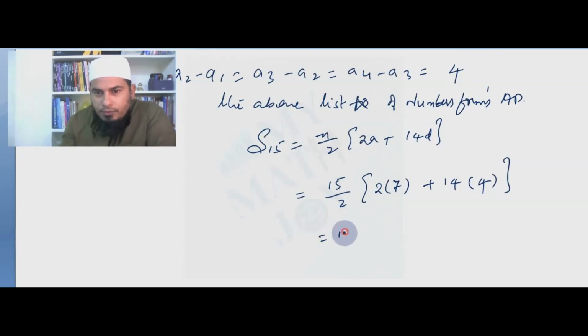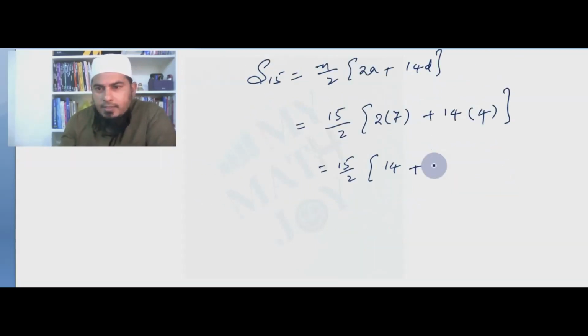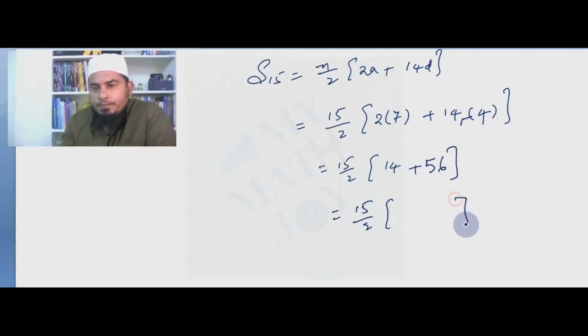So 15 over 2, 7 times 2 is exactly 14, plus 14 times 4 is how much? 56. We got 56. So 15 over 2, 56 plus 14, exactly, it will become 70.